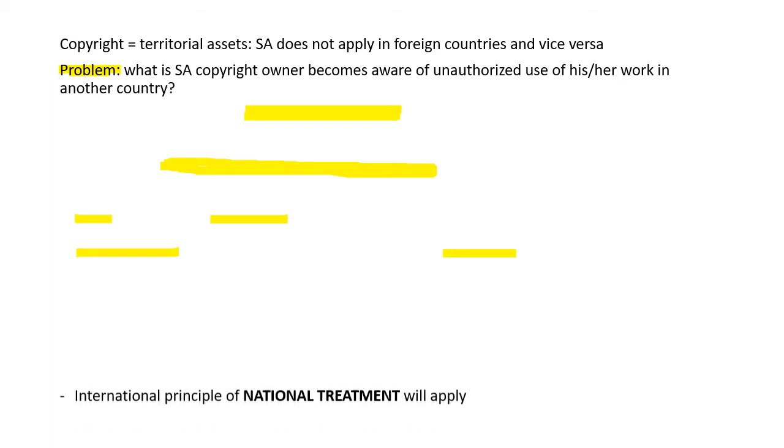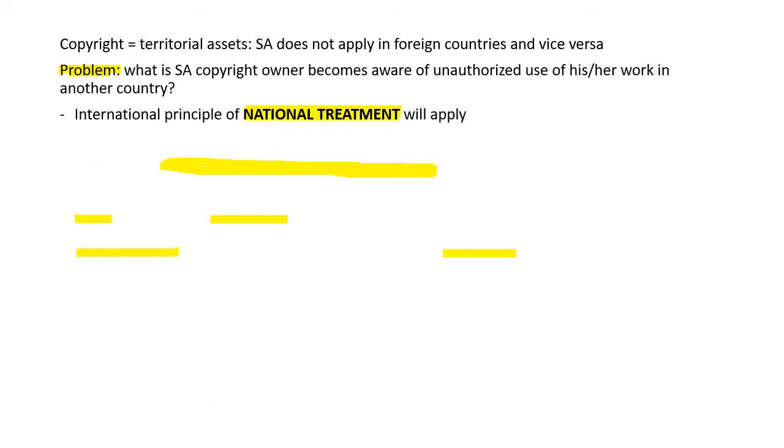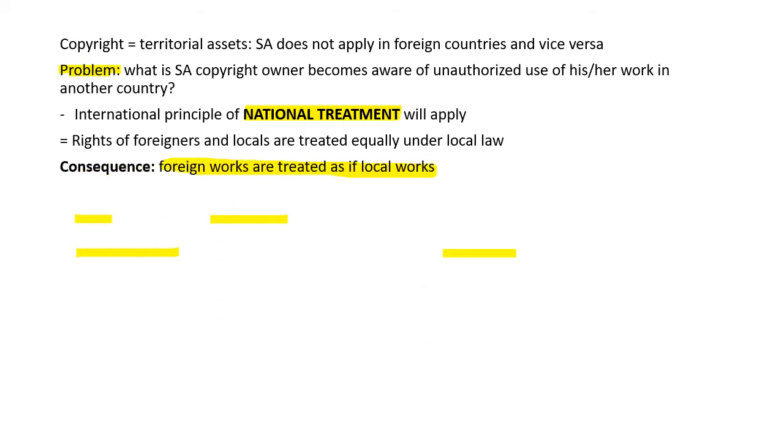And here we find the application of the international principle of national treatment, which essentially means that the rights of foreigners and local subjects are treated equally under the local law. So, in effect, that means that foreign works will be treated as if they are local works.